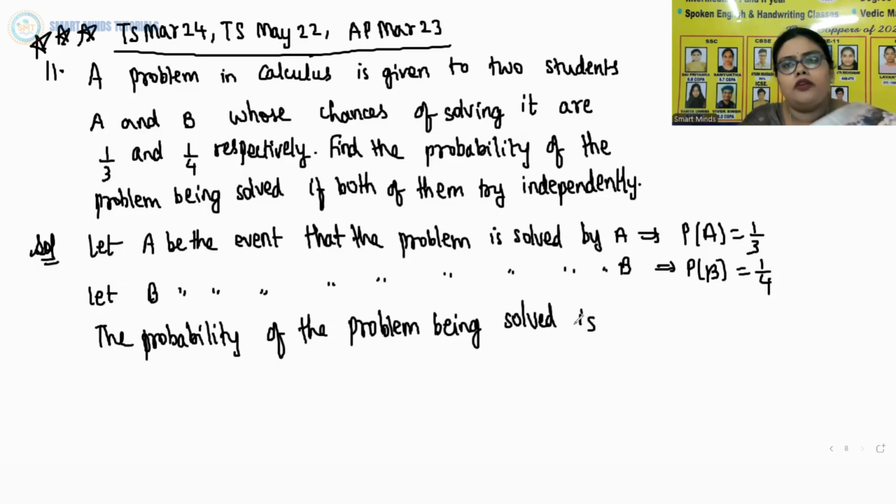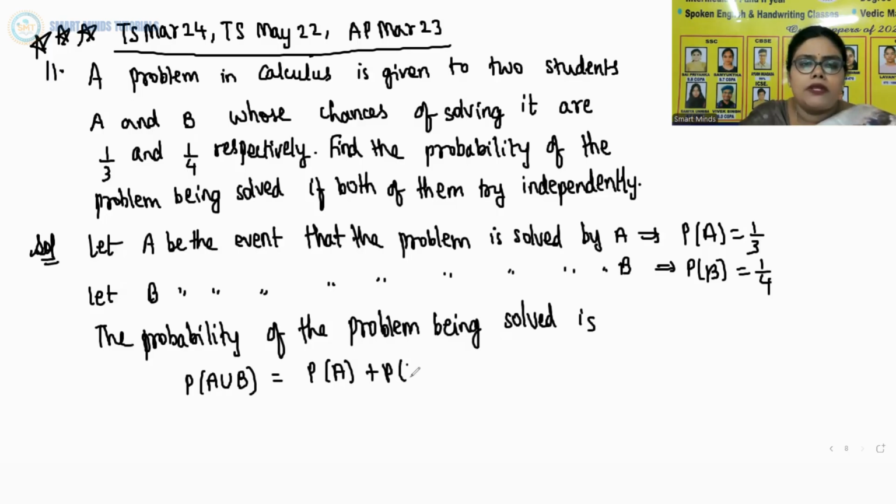So I already told you, either or means union, both means intersection. So what do we have to take here? We need to find out P of A union B. We use the addition theorem here. P of A plus P of B minus P of A intersection B. But because A and B are independent events, right?